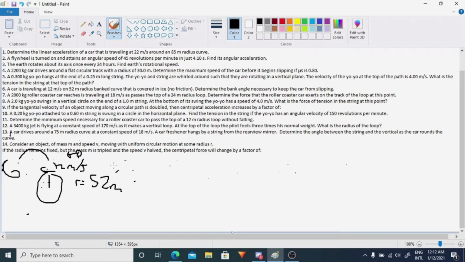And it's a banked curve, so if we're looking directly under the wheels of the car, I will call this the bank. This is theta, that angle, and we'll say this block represents the car. So this block is going around in a circle, and the bank curves like this as well.